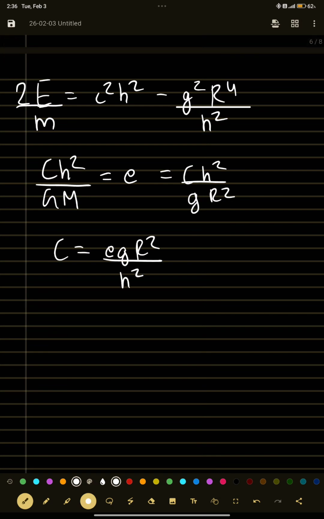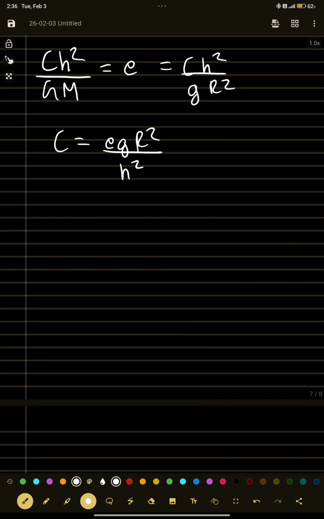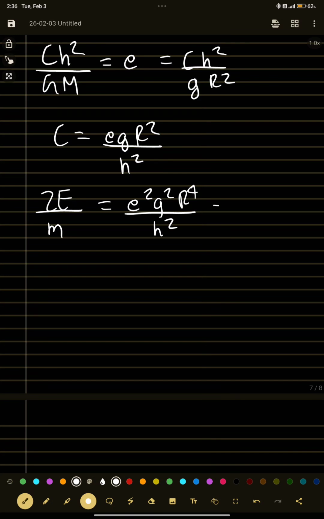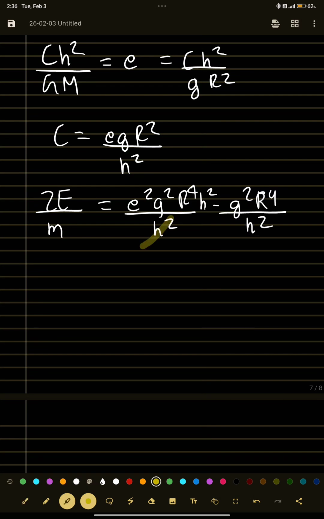You will get E square G square R to the power 4 H to the power 4 minus G square R to the power 4, G square, oh there is an H square here, so this H square cancels.